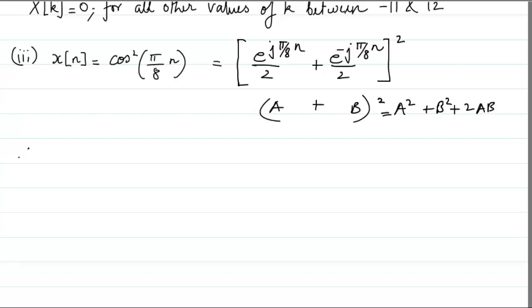So I can write, therefore, x of n is equal to e raised to power j pi by 8n square, which comes out to be pi by 4n, divided by 2 square, which is 1 by 4, plus b square, which comes out to be again 1 by 4 e raised to power minus j pi by 4n, and what remains is 2 times ab.